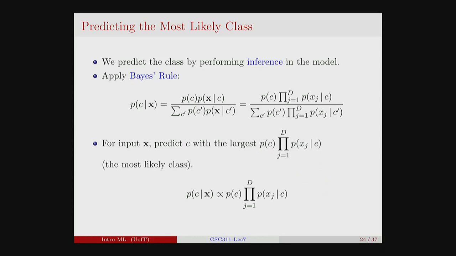Yes? Could you only compute one value of C, since P of C given X is equal to 1 minus P of not C given X? I believe that should be true. You could check if it's greater than 0.5.